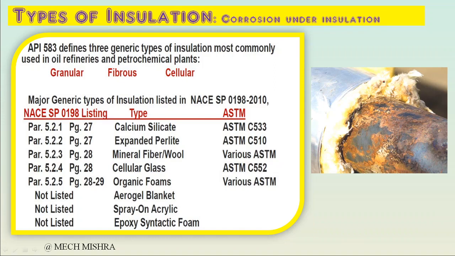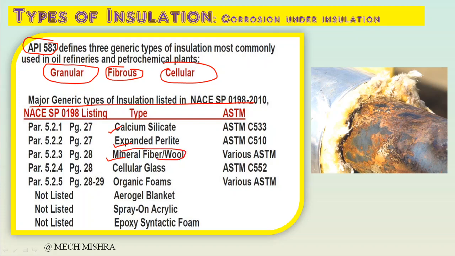Now, what are the types of insulation? Based on API 583 classification, there are three types of insulation: granular, fibrous and cellular insulation systems. The major generic types of insulation listed in NACE are calcium silicate, expanded perlite, mineral wool, which we are frequently using, and cellular glass, organic foam glass.